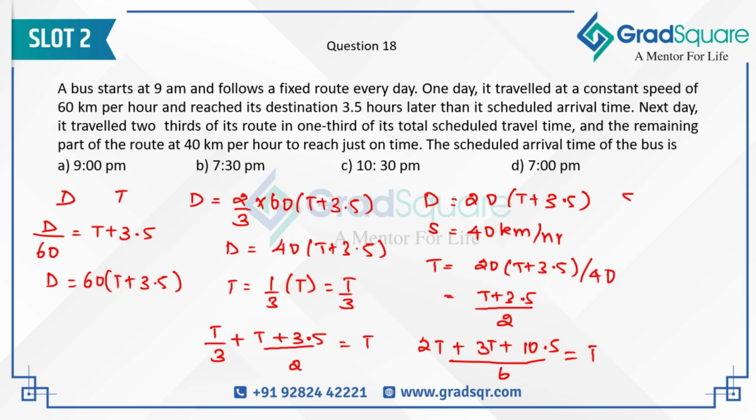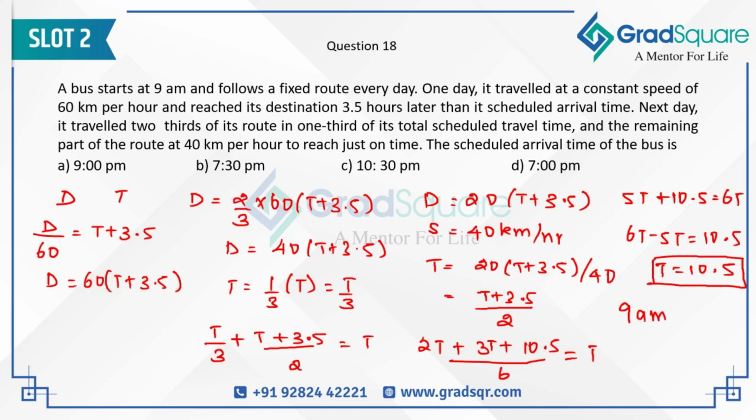So that means 5t plus 10.5 is equal to 6t, and 6t minus 5t will be equal to 10.5, and t will be equal to 10.5. That is the usual time taken for covering this distance. Now the bus is starting at 9 a.m. plus 10.5 hours, that is going to be 7:30 p.m. Option B is the answer for this question.